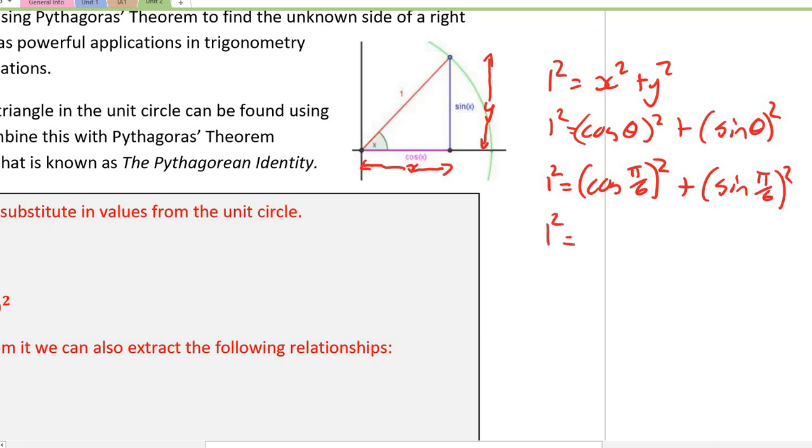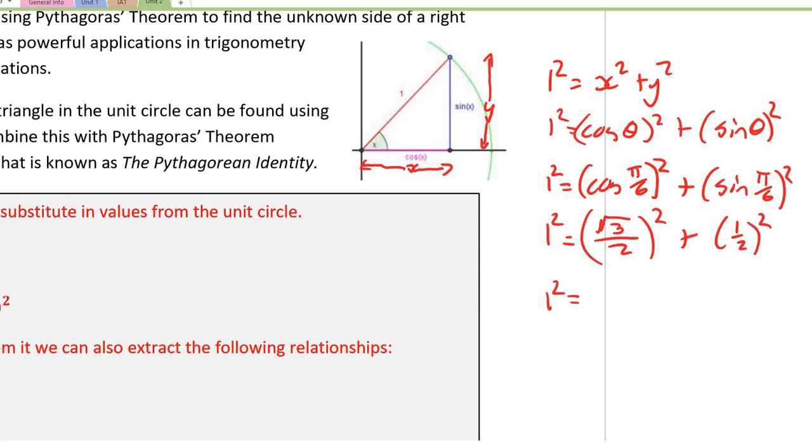And we said before, what is cos pi on 6 equal to? Root 3 on 2, I think I heard someone say. What was sine pi on 6 equal to? 1/2. Okay, when I square a fraction, guys, what do I do? Top and bottom. What's the square root of 3 squared? 3.